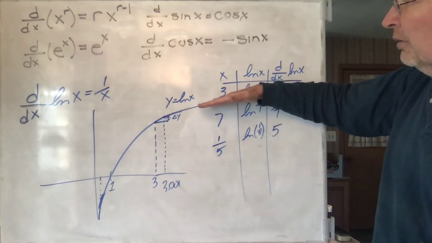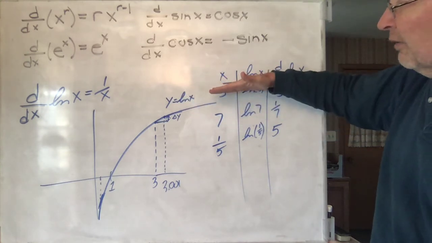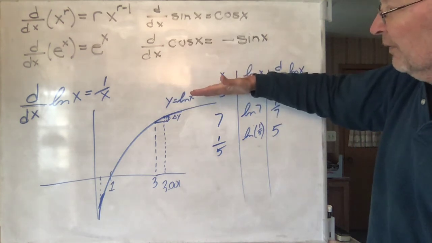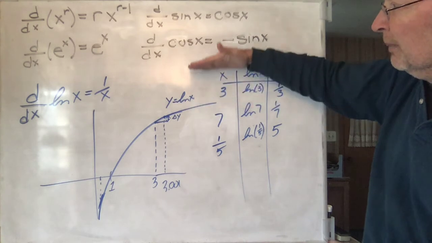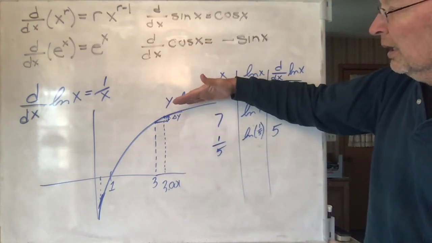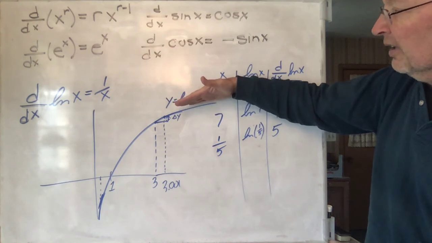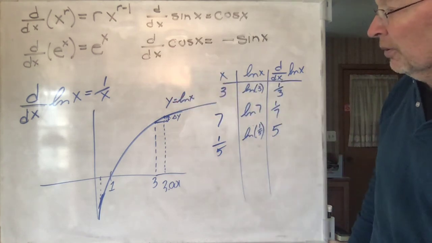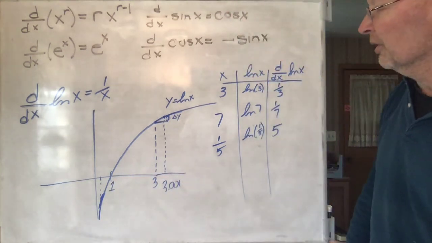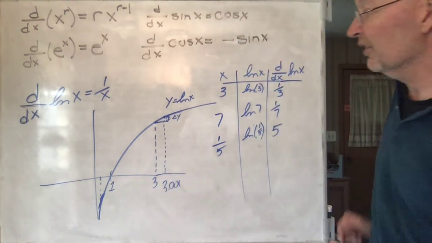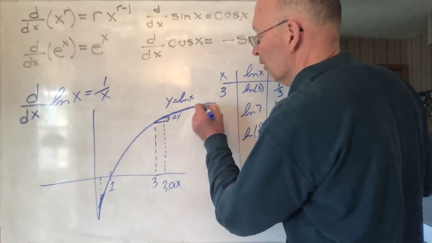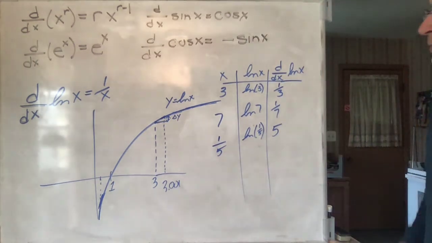It's never going to have a horizontal asymptote like this. It'll keep climbing up forever, but with less and less steepness as you go. And the opposite here, it goes very, very steep as you get towards 0. So there's no asymptote here, but the slope does get closer and closer to 0 as you go farther and farther out.